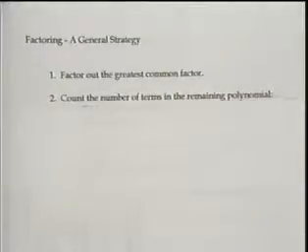The second step, after you've factored out any greatest common factor, is to count the number of terms in the remaining polynomial. Then there are several cases. Your polynomial can be a 2-term polynomial, or binomial, in which case you want to see if it's one of those special forms: the difference of squares, the difference of cubes, or the sum of cubes.